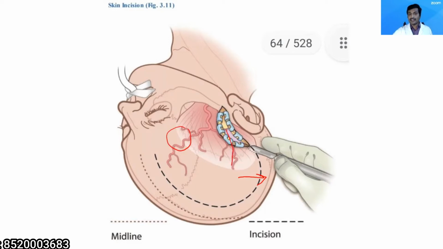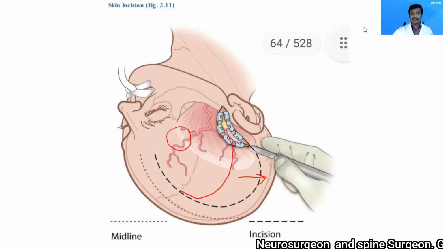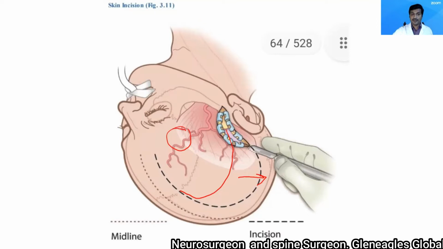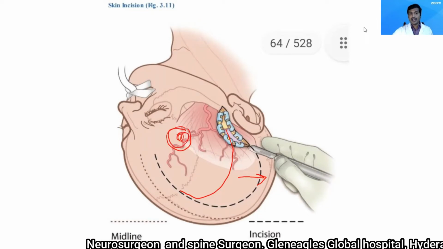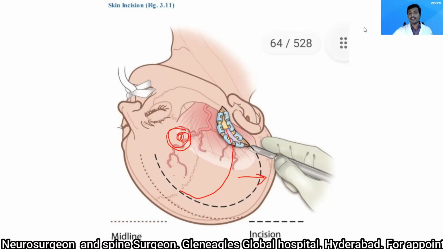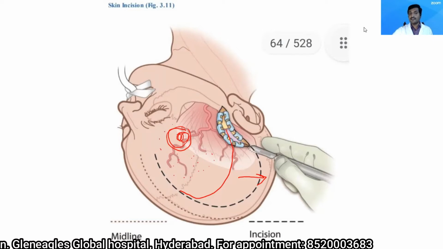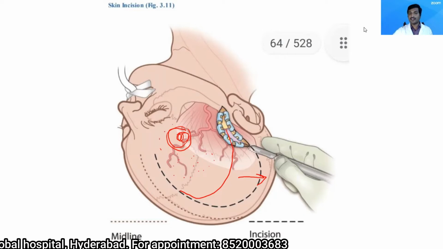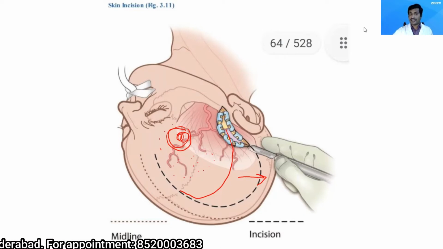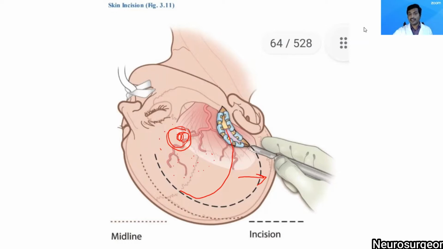When you are deciding the extent of the flap, you should take into consideration the location and volume of the frontal contusion, and also the location of the edema around the contusion. The flap you are planning should take into consideration the combined volume of the contusion along with the pericontusional edema. It should encompass both of them.